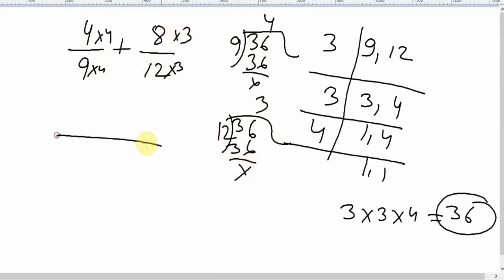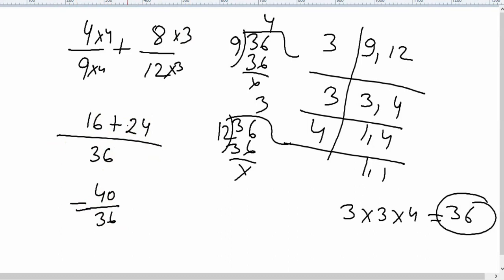So we can write directly upon 36. Here you can write 4 times 4 is 16, here you can write 24. No need to write again and again. If you add, you will get 40 upon 36. So in this way we add rational numbers, or you can say fractions.